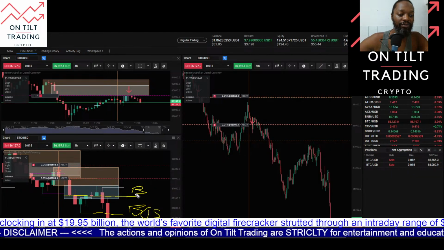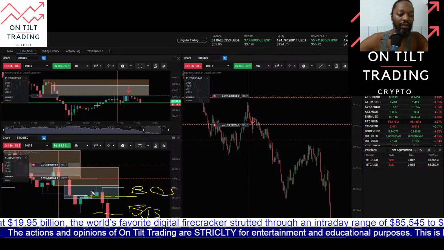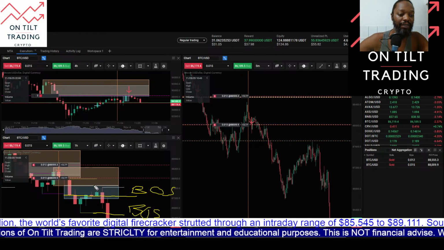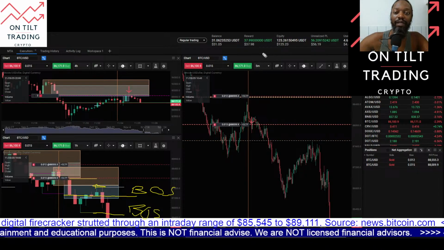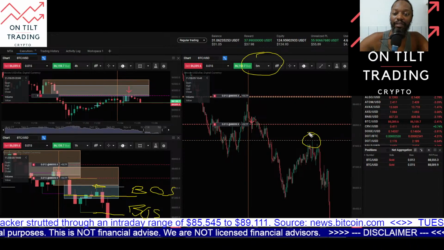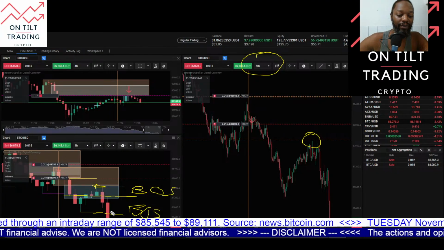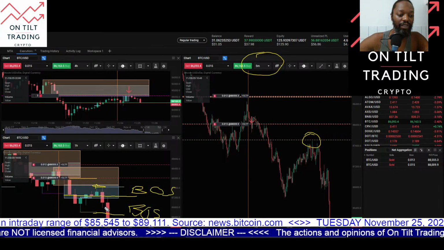There's another break of structure here where price pulled back, but never pulled back to the order block. It pulled back just shy of the order block. You can see here on the 5 minute, this price action right here. So getting continuation coming in here.